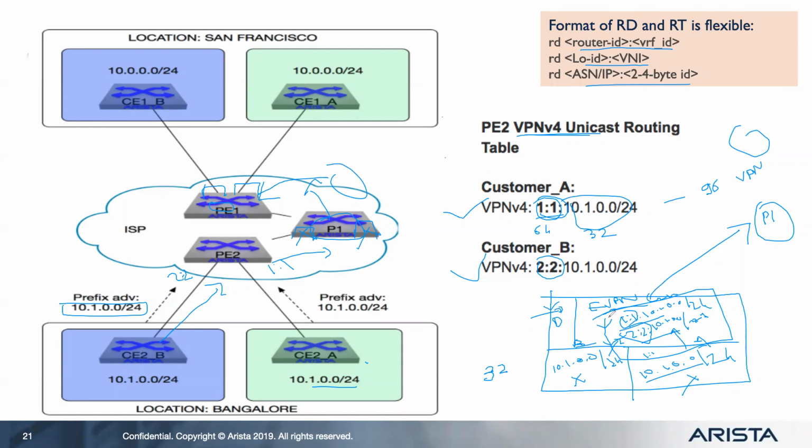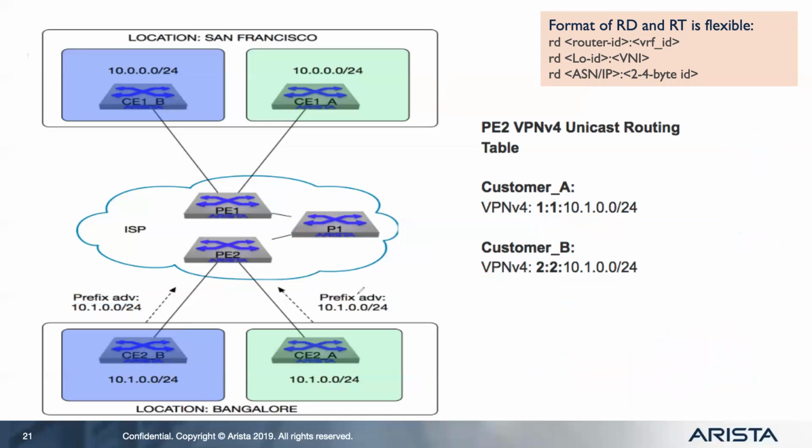These will be installed in its global EVPN routing table, and based on the route target, it will install each particular route into the routing table of that VRF. We'll discuss how that will happen. But basically, the point here is, have you understood why we need to add RD?